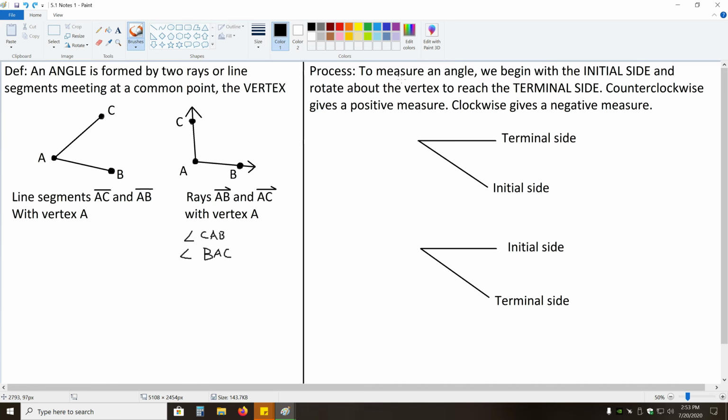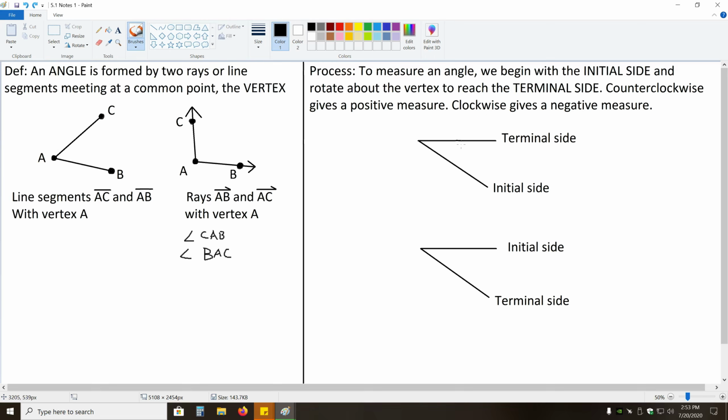Okay, from here, to measure an angle, we say that we begin with the initial side and rotate about the vertex, so that point of intersection, to reach the terminal side. Rotating counterclockwise gives a positive measure, and rotating clockwise gives a negative measure.